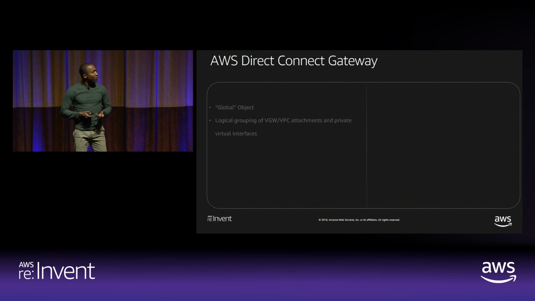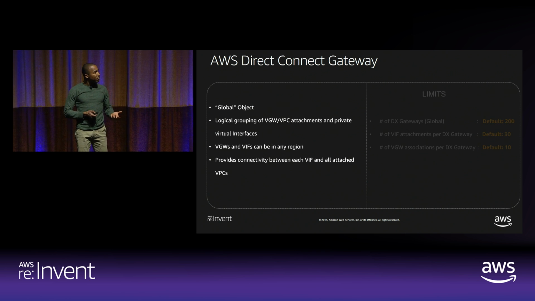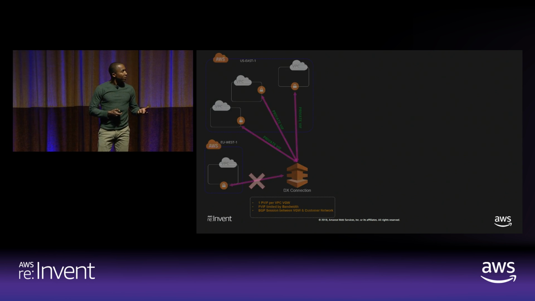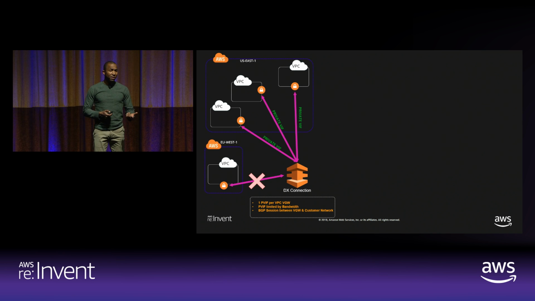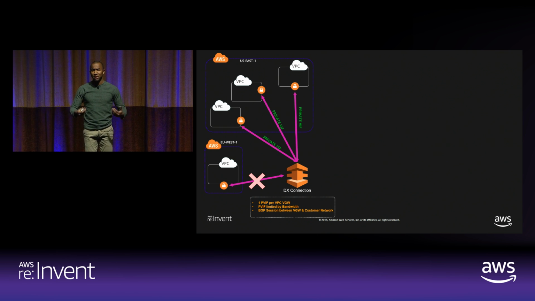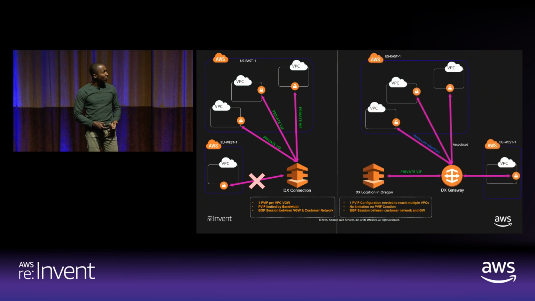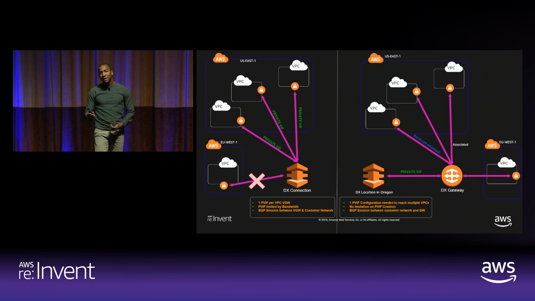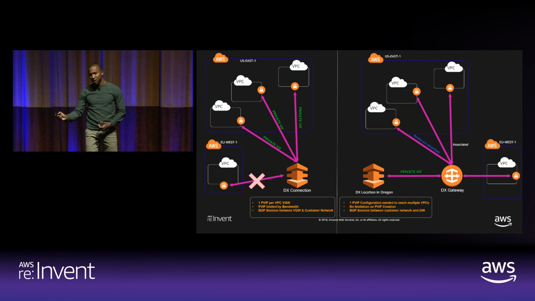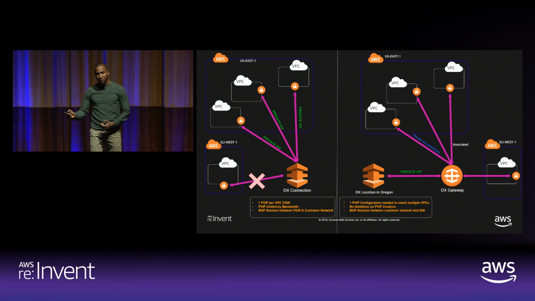The Direct Connect Gateway was built to remove the need for you to create a private virtual interface to each and every single VPC that you wanted to connect to. Instead, if you have 100 VPCs that exist within, for example, the Oregon region, you can simply create a Direct Connect Gateway and associate all those VPCs with your Direct Connect Gateway, and then establish your BGP neighbor relationship between your on-premises network and the Direct Connect Gateway itself.